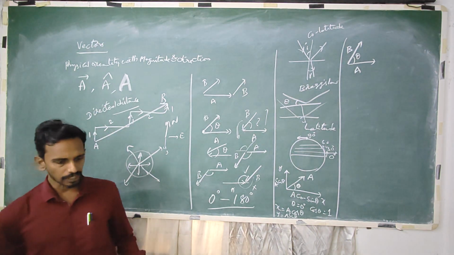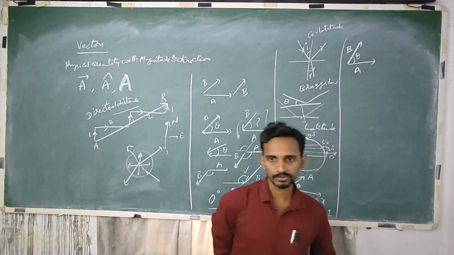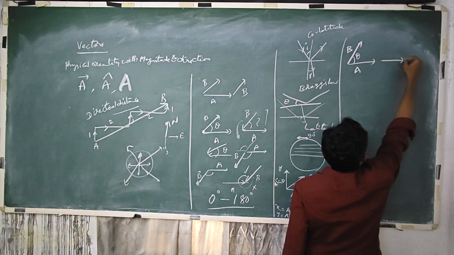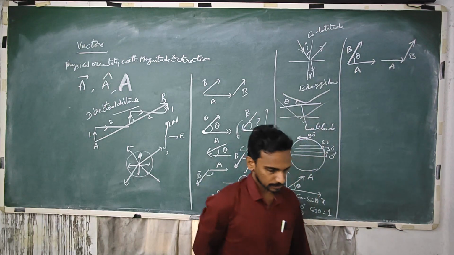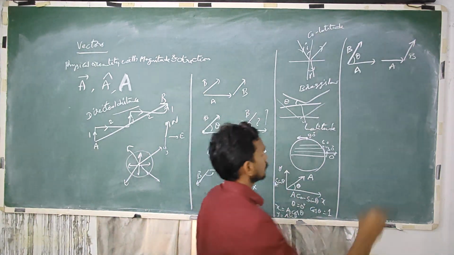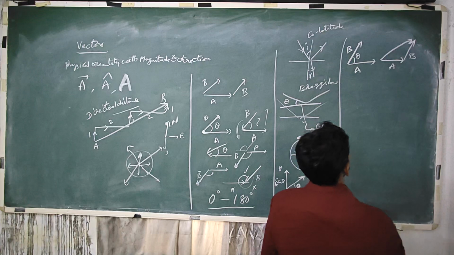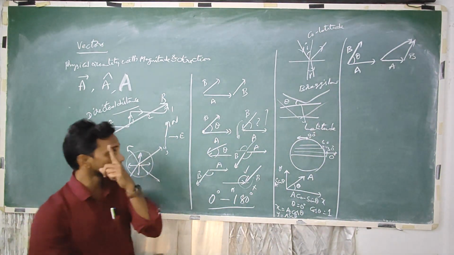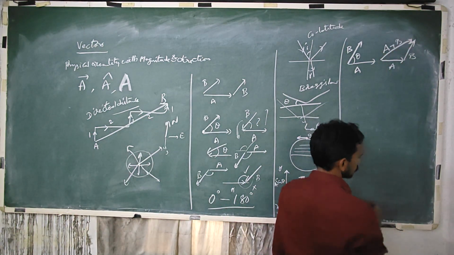Then to add two vectors, you have to connect the vectors head to tail. So you have to shift the vector B so that your vectors get connected head to tail. Then the diagonal line, connecting the starting point of the vectors and end point of the vectors, is called A plus B, the sum of those two vectors.